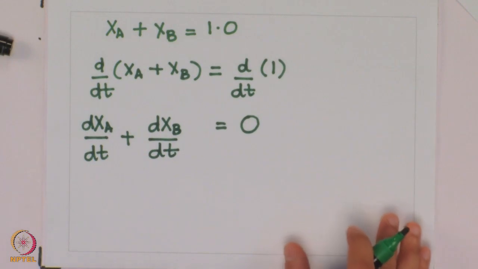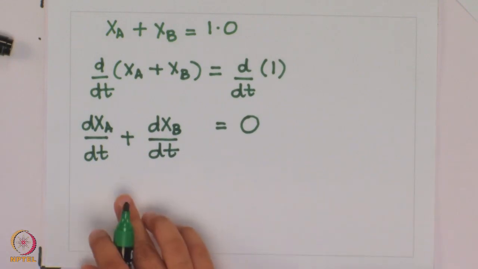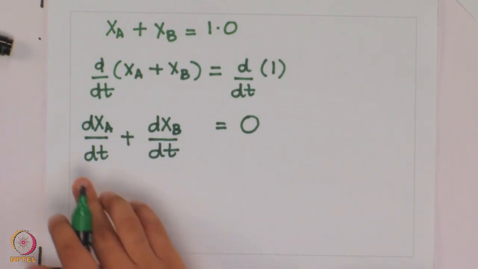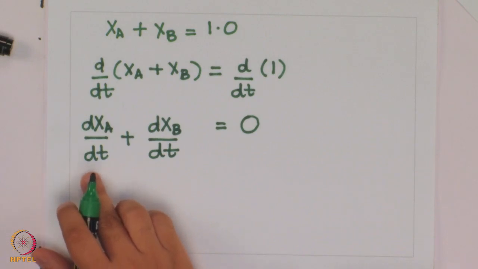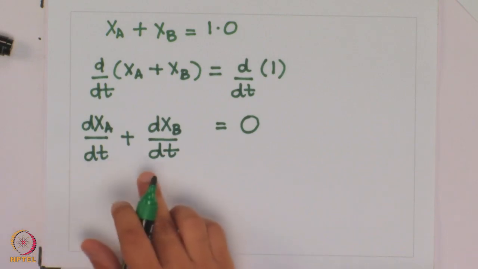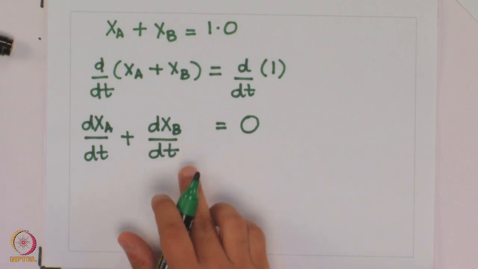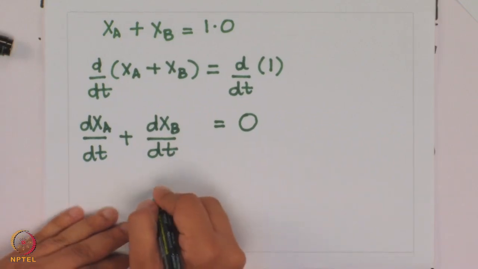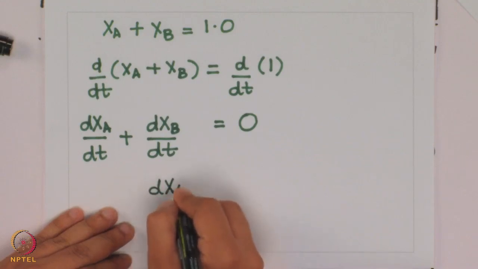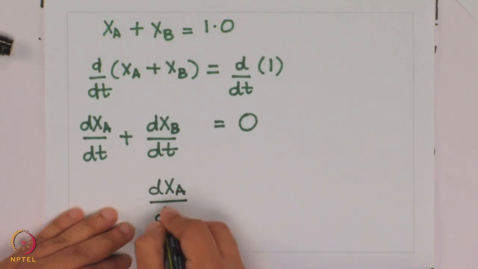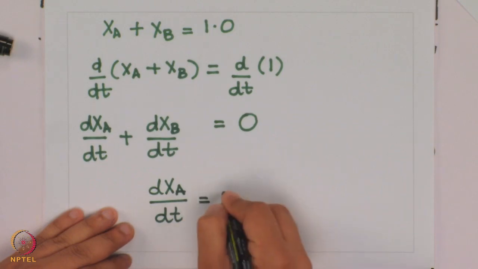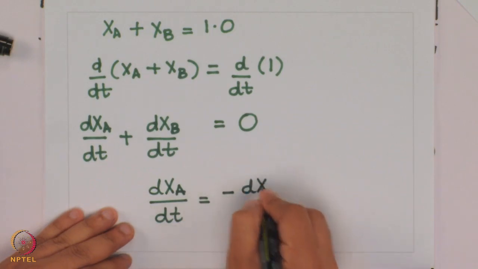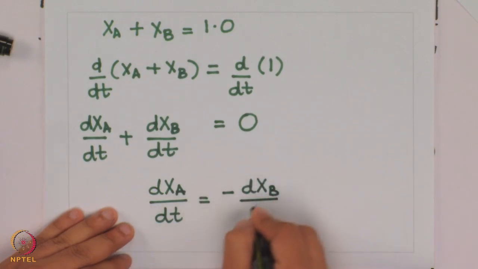This again is a very important result, because what this tells me is that the rate of change of Xa with time plus the rate of change of Xb with time is equal to 0. In other words, I can write this as dXa by dt equals minus dXb by dt.